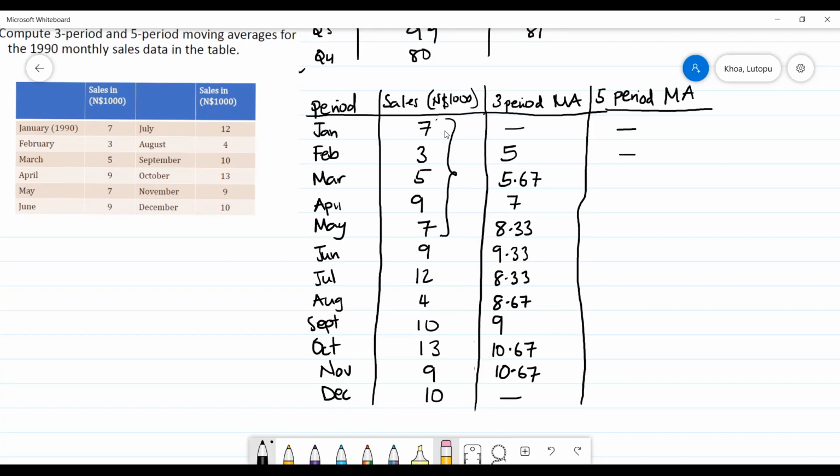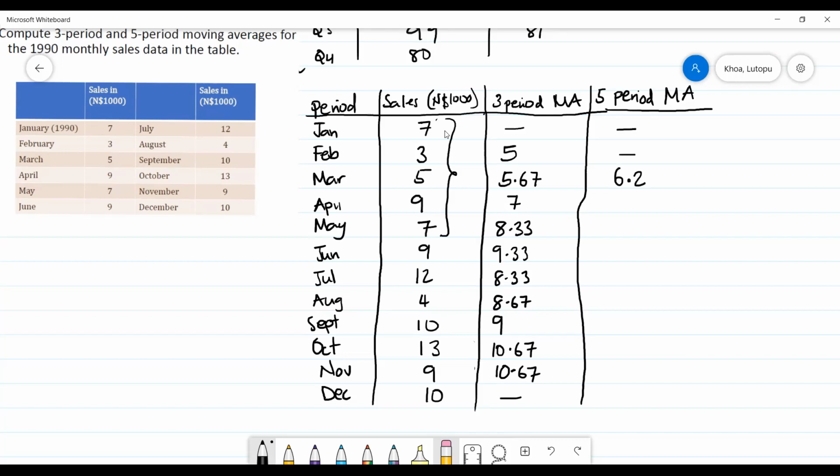Thirty-one divided by 5 is 6.2. This is 6.2. And then I move on to the next one.